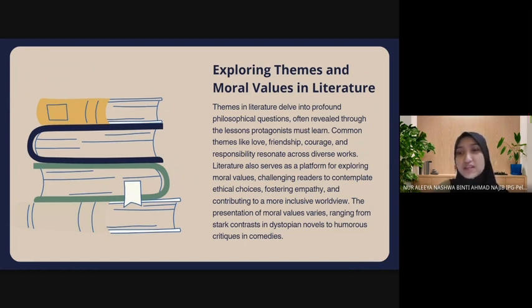Literature also serves as a platform for exploring moral values, challenging readers to contemplate ethical choices, fostering empathy, and contributing to a more inclusive worldview. The presentation of moral value varies, ranging from stark contrasts in dystopian novels to humorous critiques in comedies.